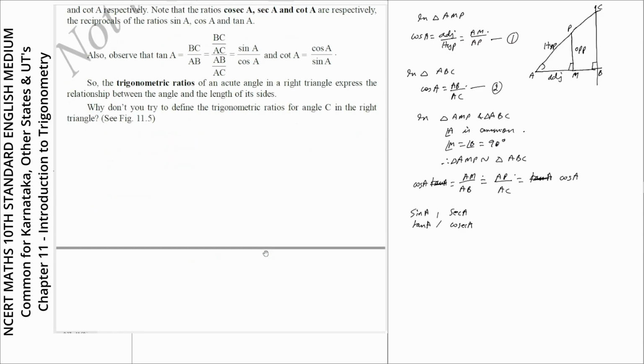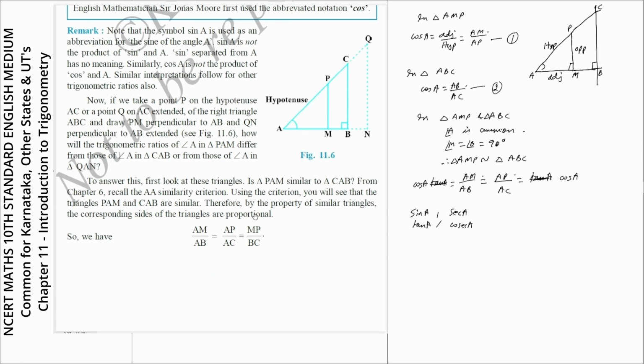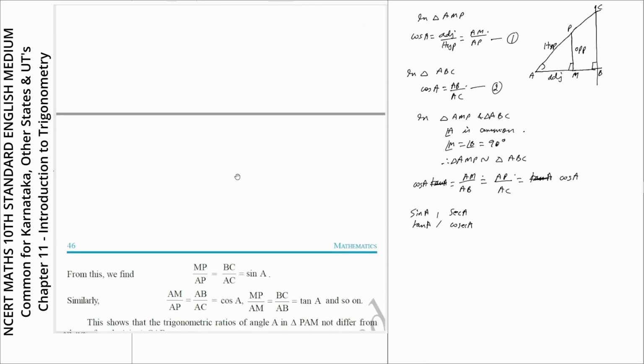If the angle is the same, then the trigonometric ratio will not change. This explanation is given in the textbook also. See here, no matter what the size of the triangle, the trigonometric ratio will be the same, because we will get similar triangles.